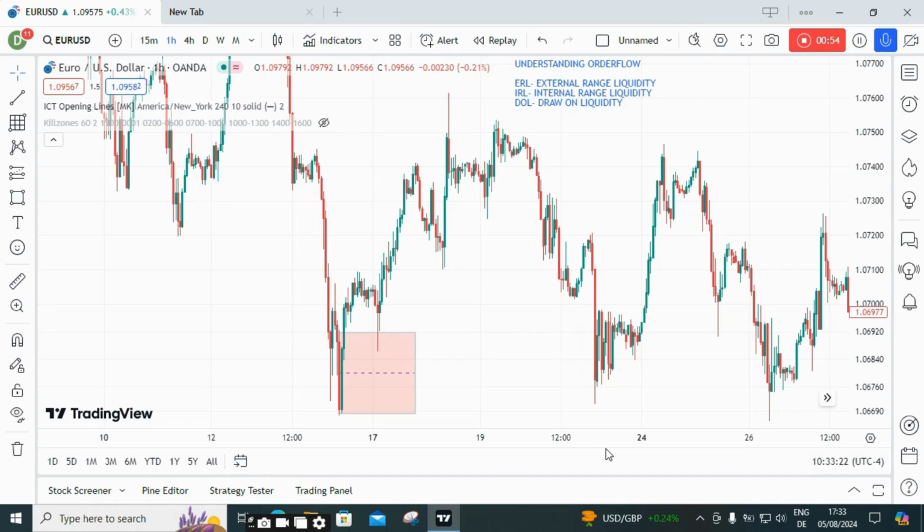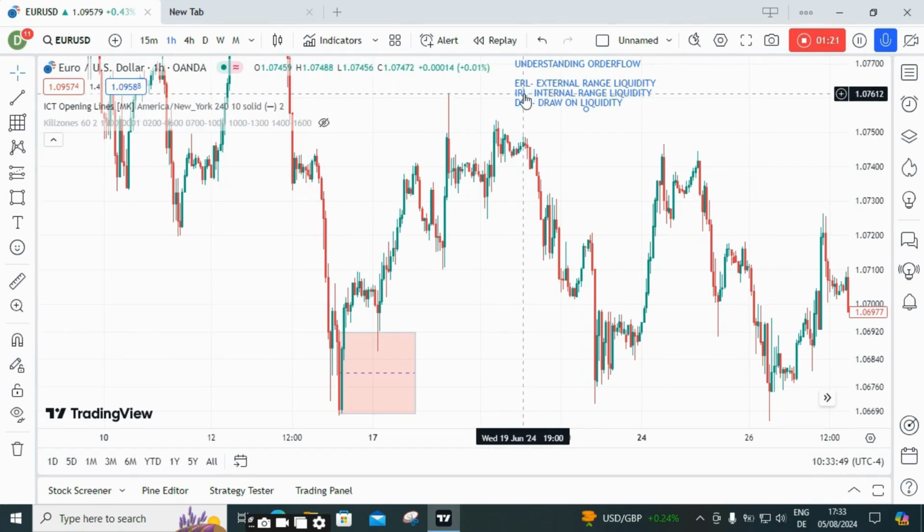When we are trading order flow, we look at three basic concepts: the ERL, which is the external range liquidity, the IRL, which is the internal range liquidity, and the DOL, which is the draw on liquidity. The external range liquidity are the swing highs and swing lows in the markets, all the previous candle highs, all previous candle lows.